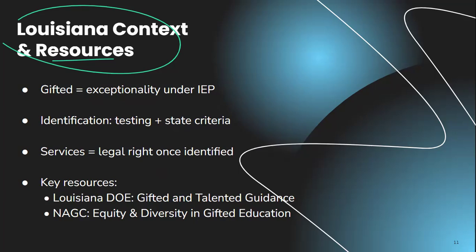So here are some key resources that you may want to become familiar with, especially considering the assignments that you're going to have to do for this course and your future gifted courses. The Louisiana Department of Education has an entire section of gifted and talented guidance. These outline the identification procedures, program requirements, and IEP forms specific to our state.